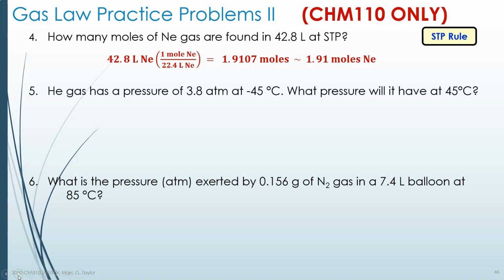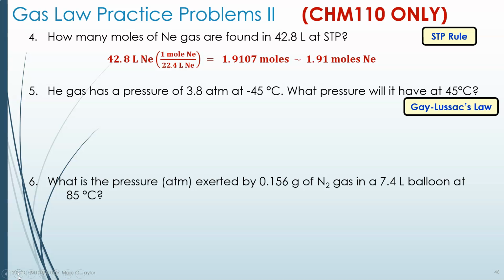Number 5. Helium gas has a pressure of 3.8 atmospheres at negative 45 degrees C. What pressure will it have at 45 degrees C? That is positive 45 degrees C. So we're looking at a pressure change at two different temperatures. This is clearly an example of Gay-Lussac's or Amontons' law.